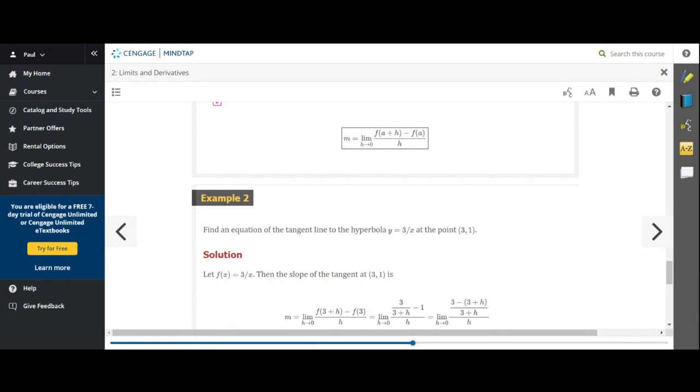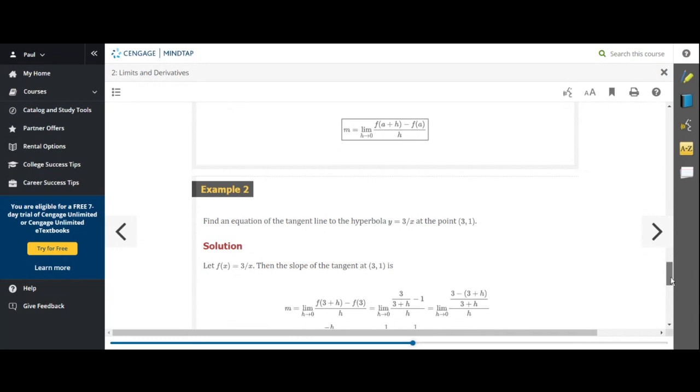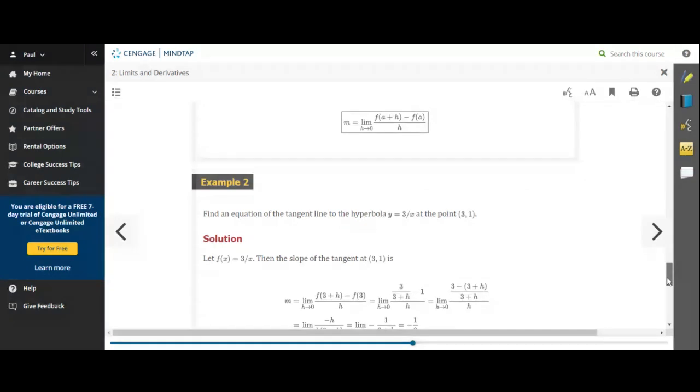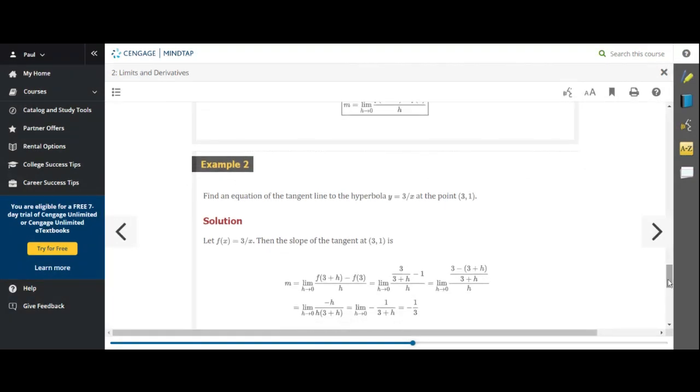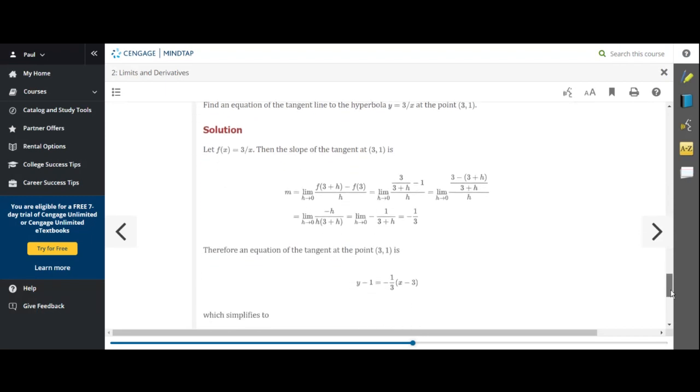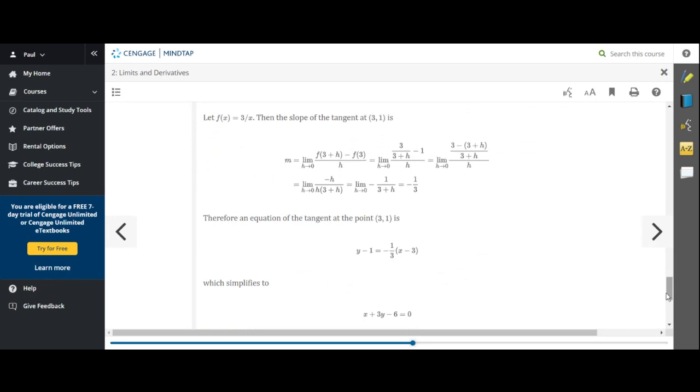And then you have a common denominator. But we still need to compute the limit as h goes to 0. And so we do a little simplification, and we'll get negative 1/3. And therefore, we get the equation of the tangent line.